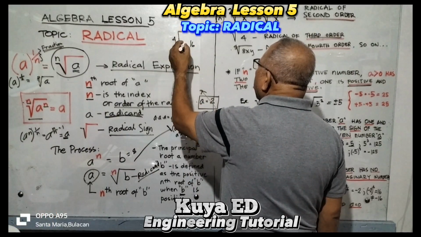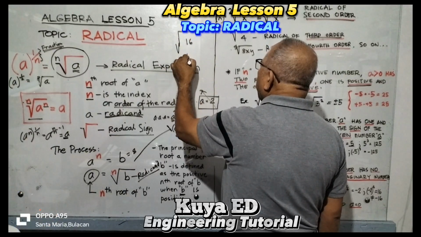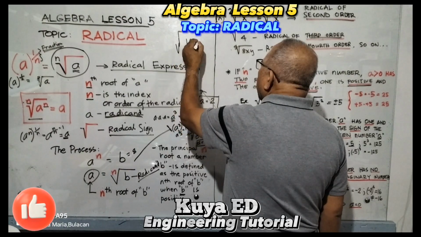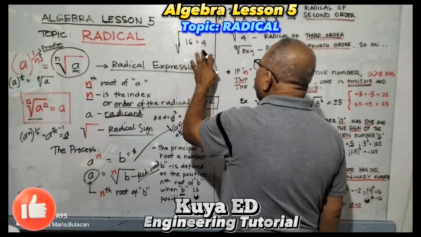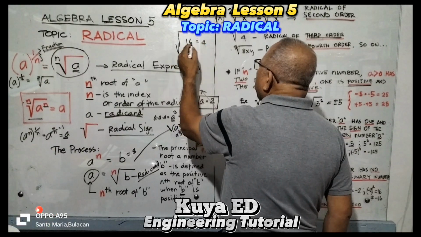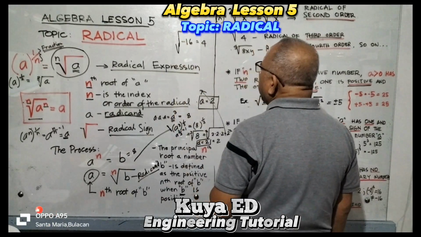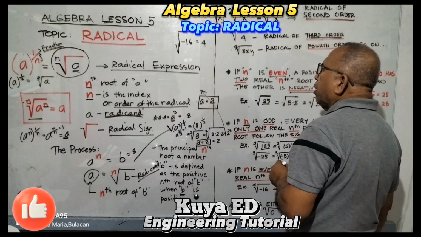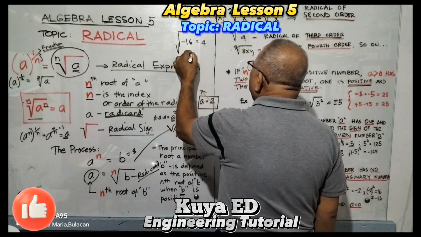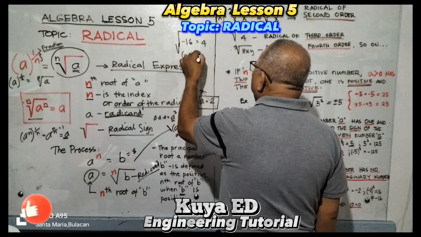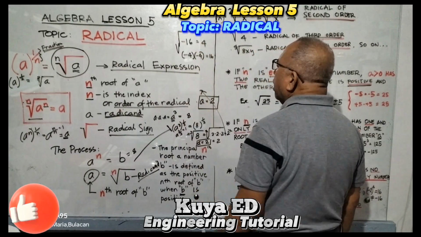Kung for example, square root of 16, so 4 is 4, no? So this is plus or minus basically, no? Pero kung lagyan ko ng negative ito, so magiging negative 4 times negative 4, positive 16. So, hindi pwede.